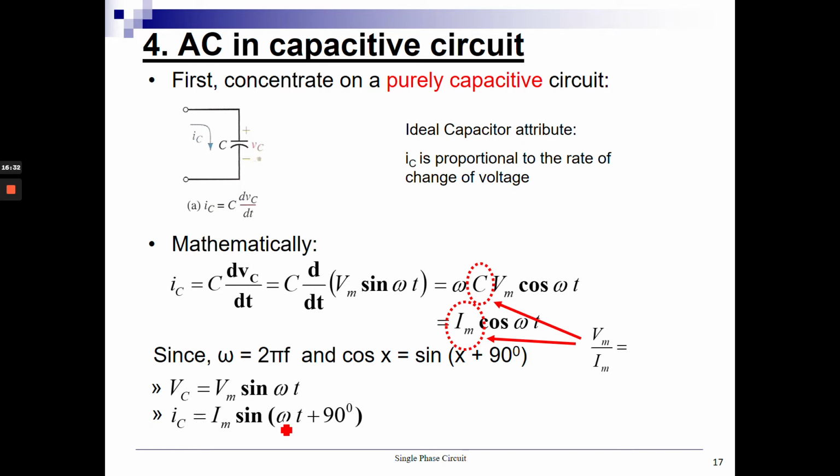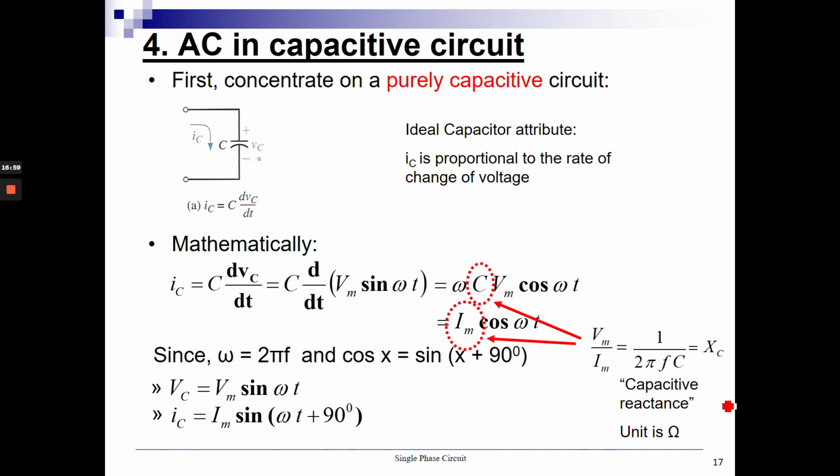So this one just use Ohm's law. So Vm over Im equal to 1 over 2 pi FC. Okay, so therefore you will get XC is equal to 1 over 2 pi FC.